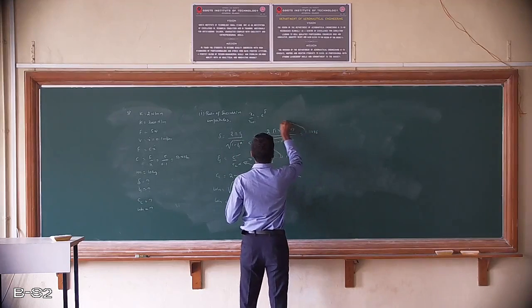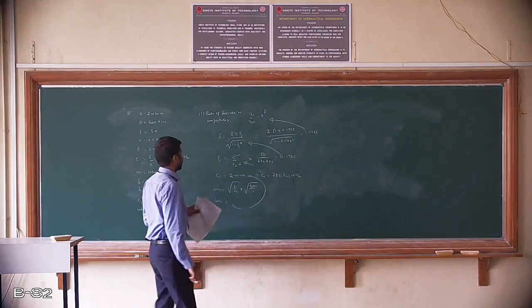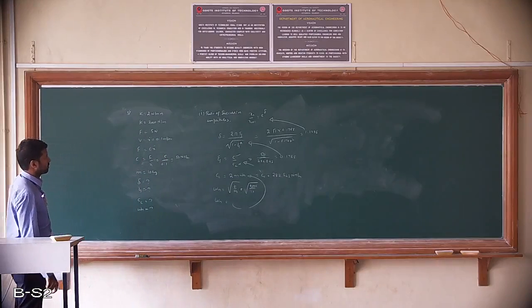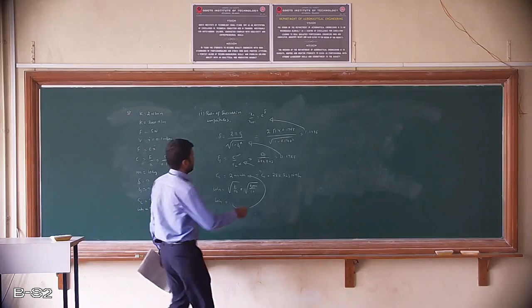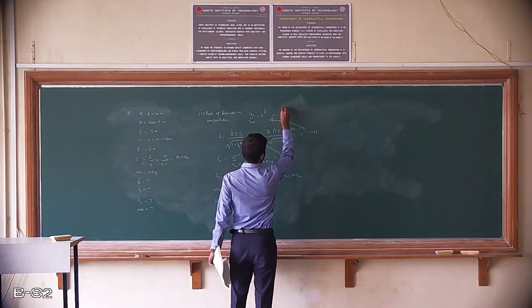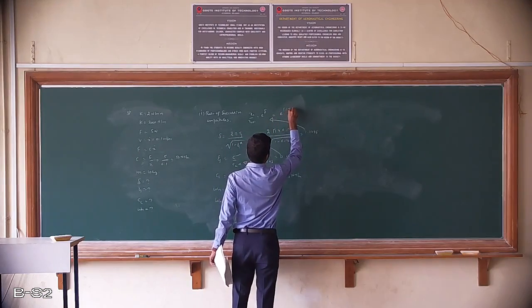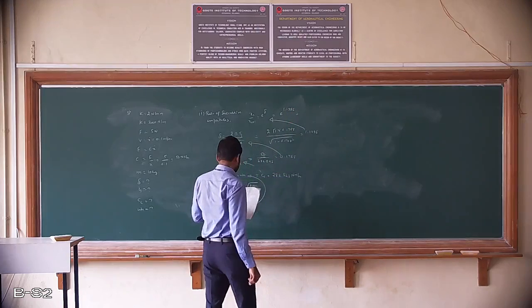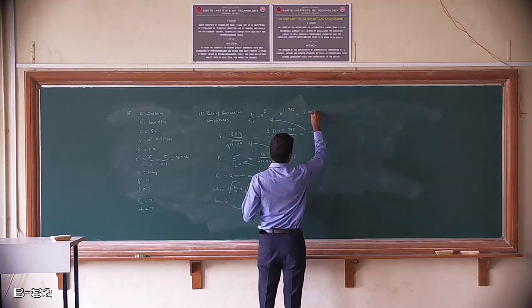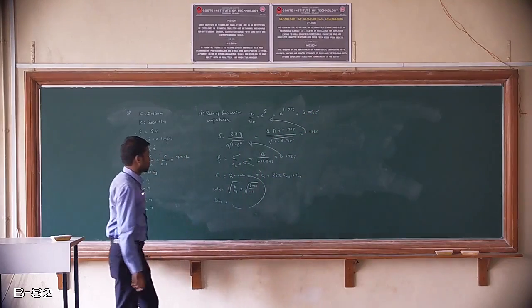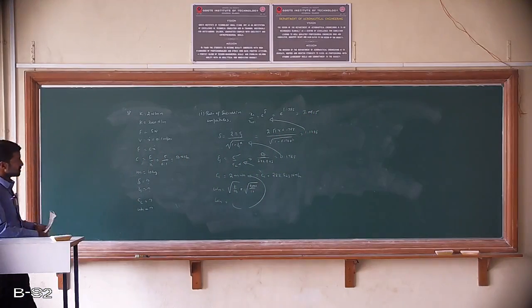Once you get delta, you can substitute it into the governing equation of ratio of successive amplitudes, that is xn by xn plus 1 is equal to e raised to delta. So this is equal to e raised to 1.1286. So the ratio of successive amplitudes is 3.0915. So one thing we have calculated, that is the ratio of successive amplitudes.